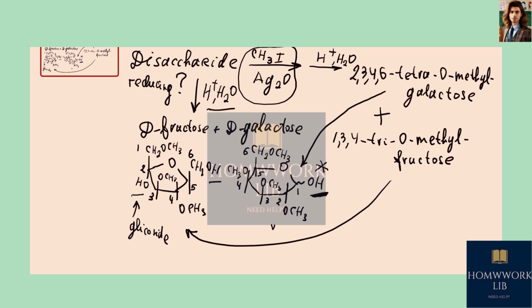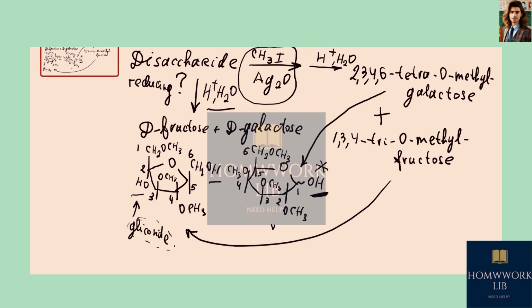So which group was engaged in binding with galactose? The glycosidic one wasn't engaged in binding there because that sugar would be non-reducing.